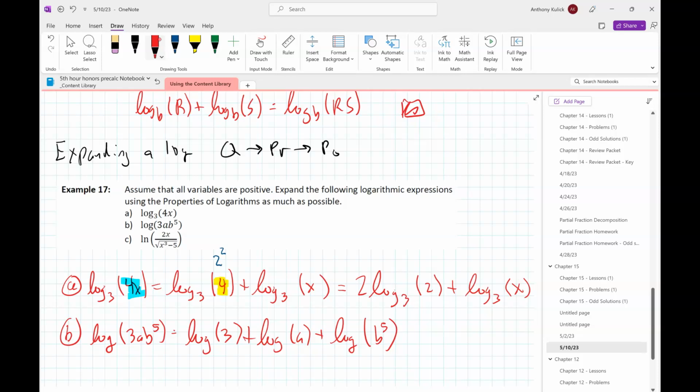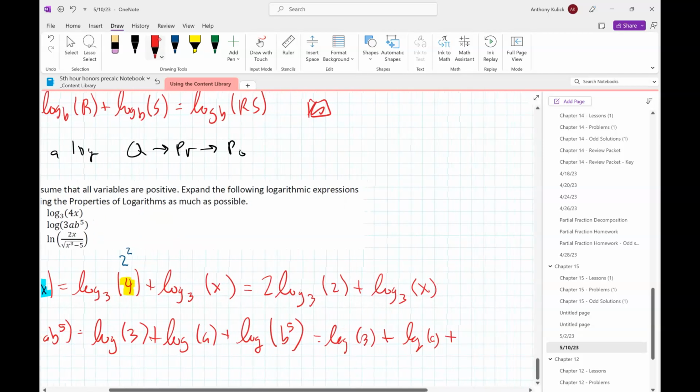Again, now I'm going to start all over with each of these logs. Log of 3, quotient? No. Product? No. Power? Okay, that one didn't change. Next one, log a: quotient, power, product. I said them in the wrong order.